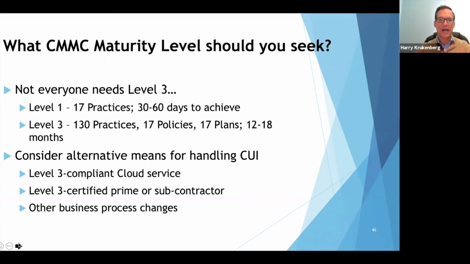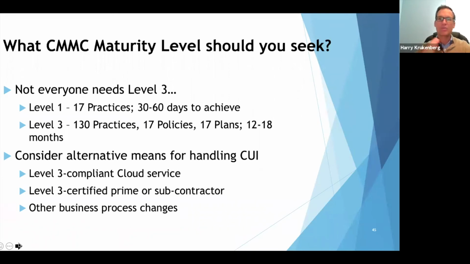So realizing that and recognizing that, if you're a supplier, are there ways that you can become certified at level 1 and still continue to do business and be compliant with the way you do your business? There are some alternatives that we listed here.